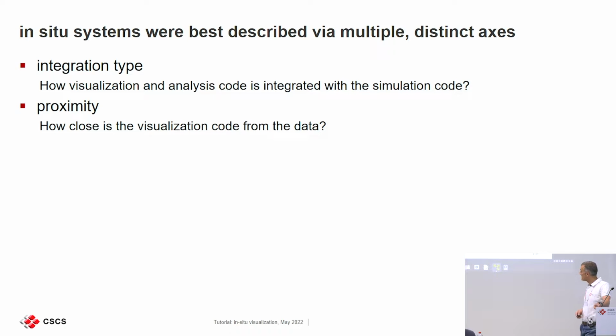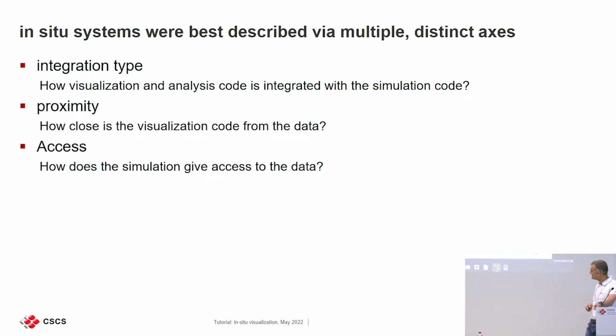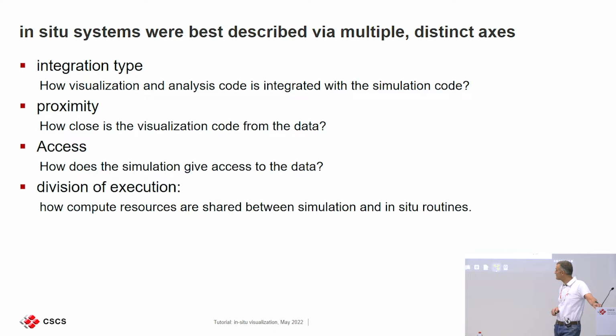In this paper, we've tried to describe the systems along different axes of definition. The first one was integration type. The second one was proximity, defining how close the data is to the algorithms actually being implemented. Another axis was division of execution, which I've mentioned already, the time sharing or else.